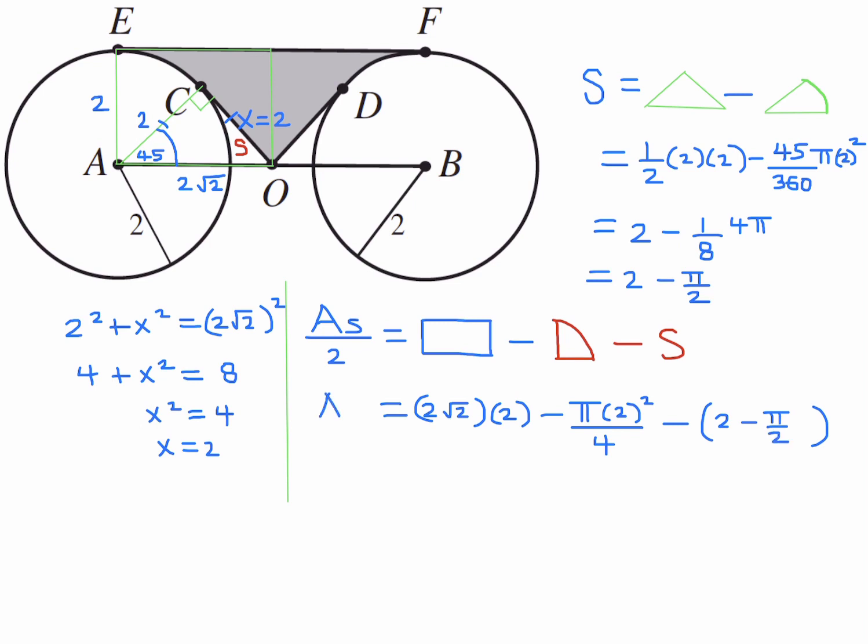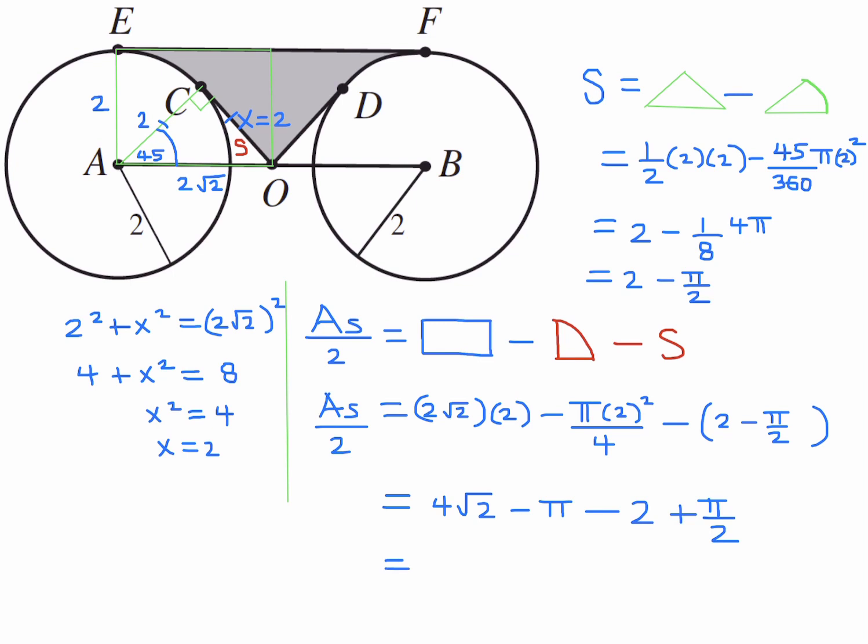So there we go. We have AS over 2. And then at the end, I'll double it to get AS, area of the shaded region. So this one becomes 4 root 2 minus pi times 2 squared, which is 4. 4 over 4 is just 1, so that's just pi. And then when you take this out of the brackets, it becomes minus 2 plus pi over 2.